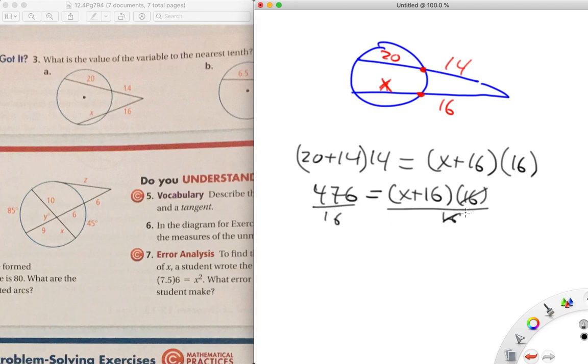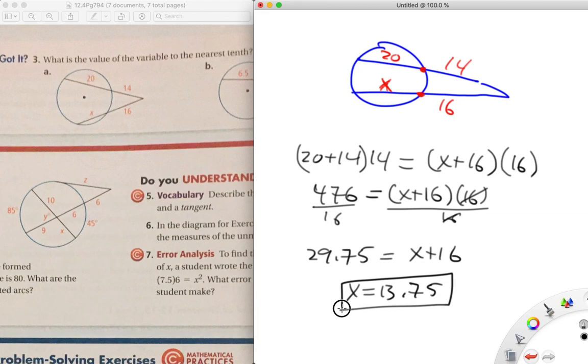Get rid of that guy. I get 29.75 equals x plus 16. Subtract 16 from both sides. And I get x is equal to 13.75. So that's using case number 2.